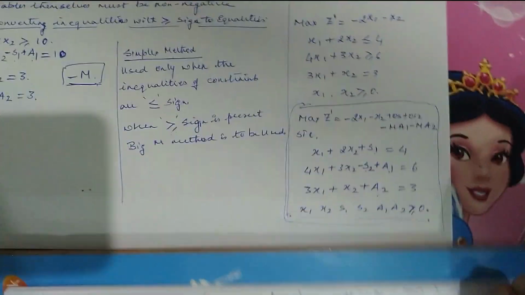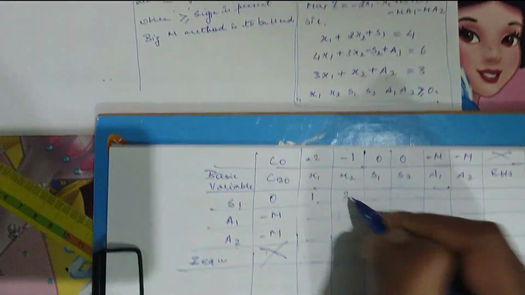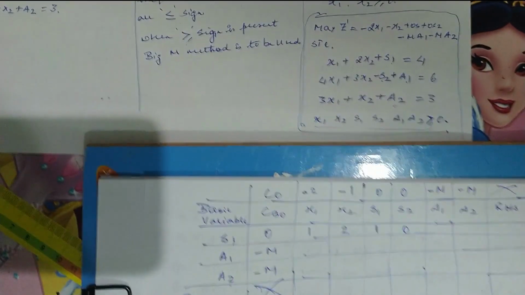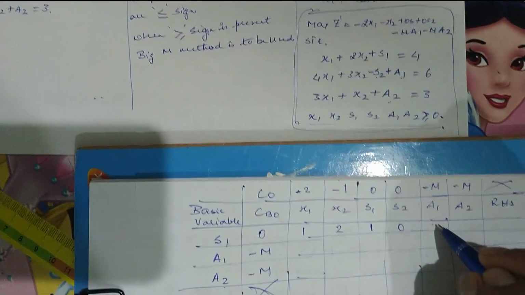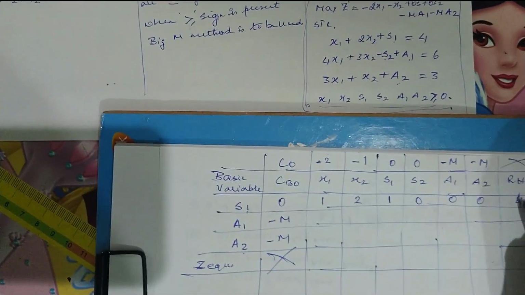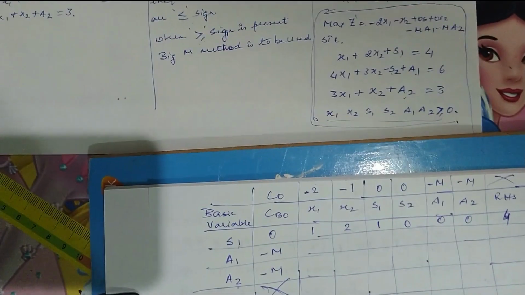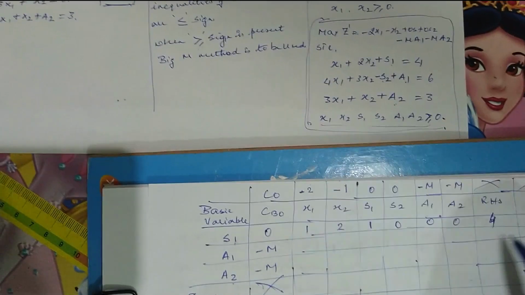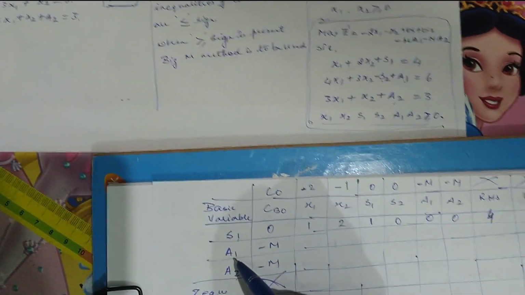So I'm going to simply take the value for x1 and write it here, 2 for x2 I'm going to write here, s1 exists there so s1 is written here, s2 is non-existent in this constraint so it is not written, the artificial variables are absent, and the RHS is 4.